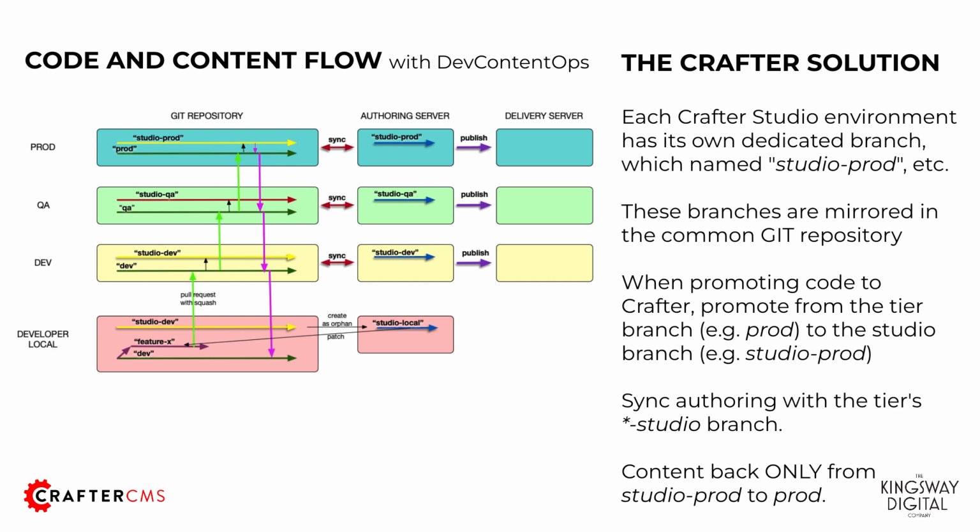So you'll take Studio content from prod, sync it over to the Studio prod Git branch, and then merge it into that prod branch. And you can then take that prod branch and merge it down into QA, dev, and even local environments as needed to bring production content down the stack in what's called a content backflow from the production authoring environment down into QA, dev, and local.